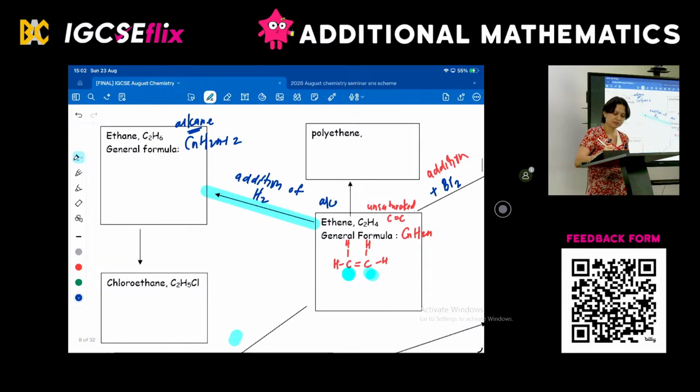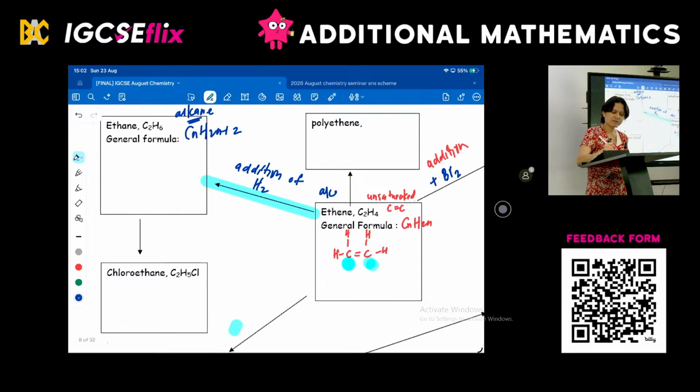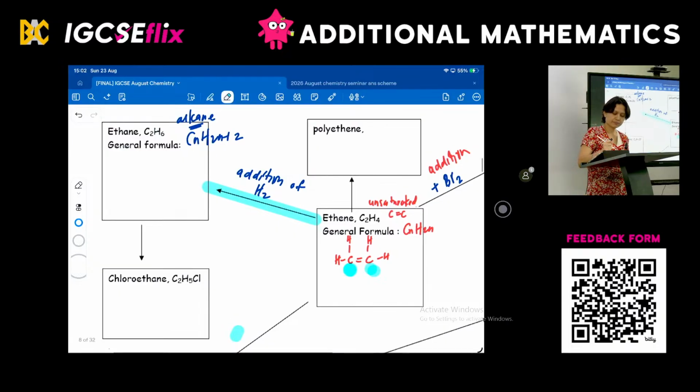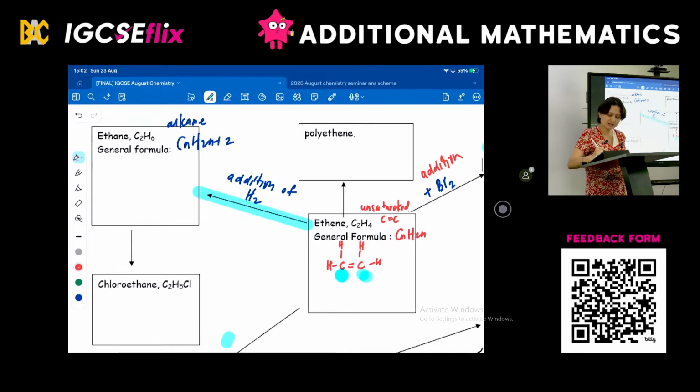Okay, I forgot to write the... So if they ask you what is the homologous series, alkane, alkene. If they ask you what is the general formula, CnH2n plus 2, CnH2n. That's general formula.